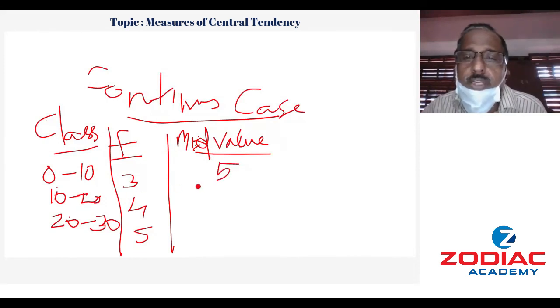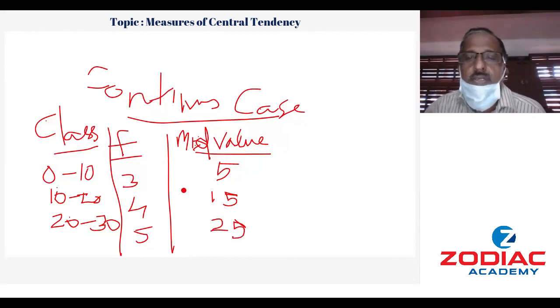For 10 to 20, the mid value is 15. For 20 to 30, the mid value is 25.